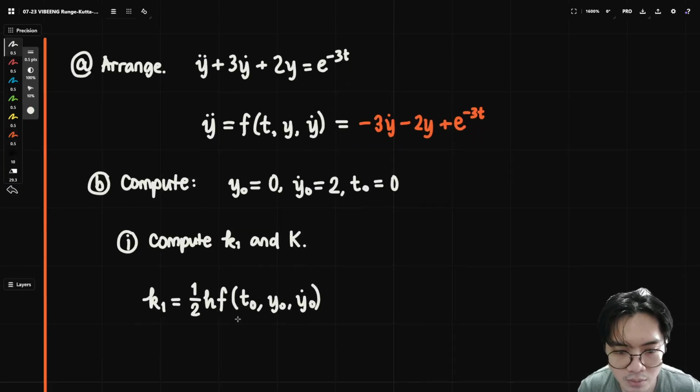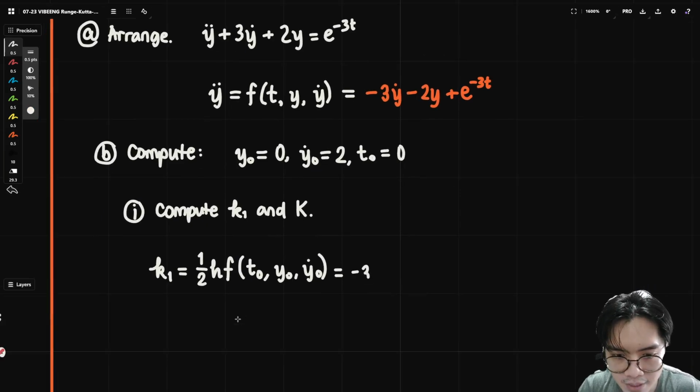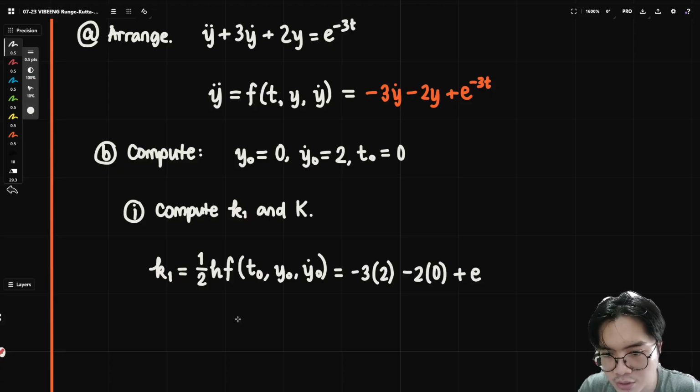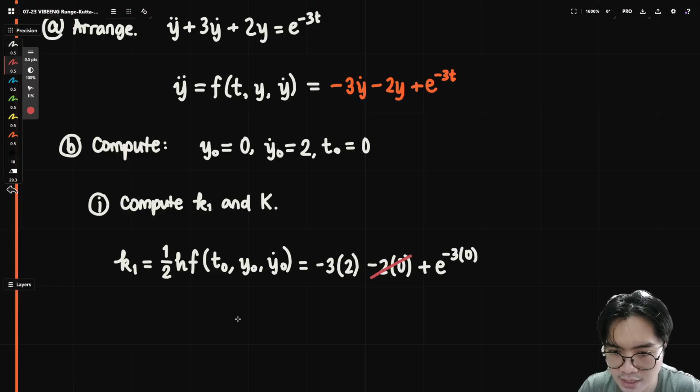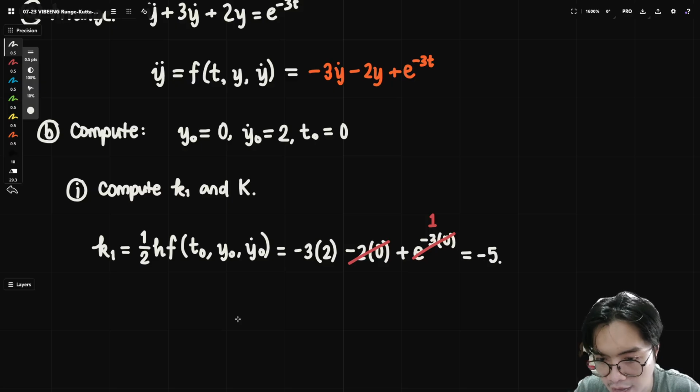Now what we will do is substitute everything here: negative 3 times 2 minus 2 times 0 plus e raised to negative 3 times 0. So this cancels, and this one becomes 1. So we will have negative 3 times 2, negative 6, plus 1 is negative 5.